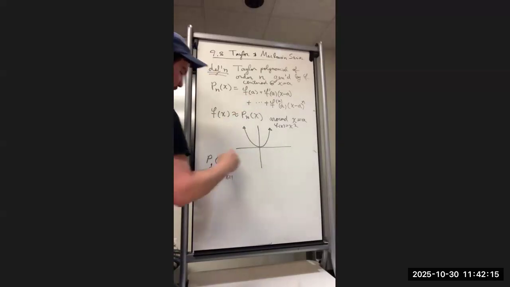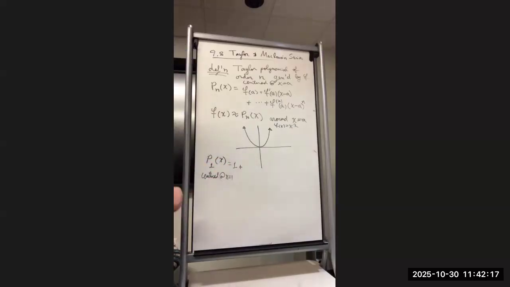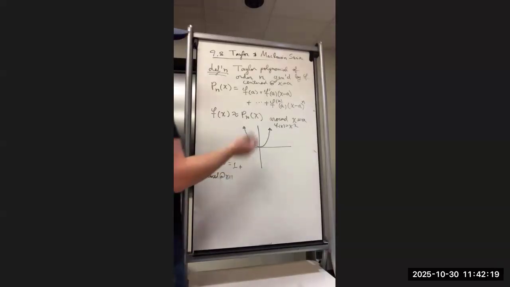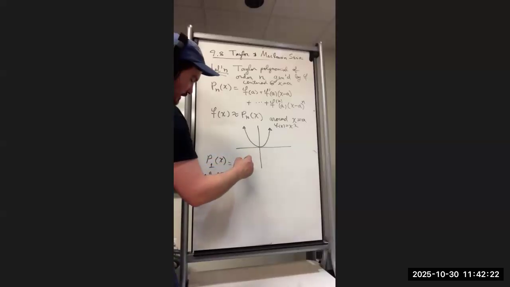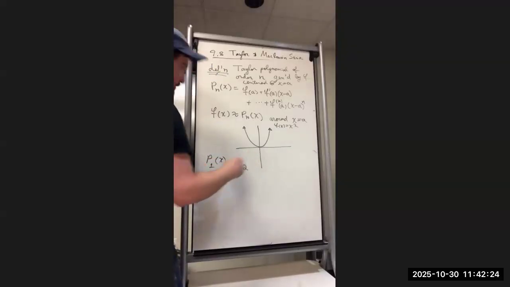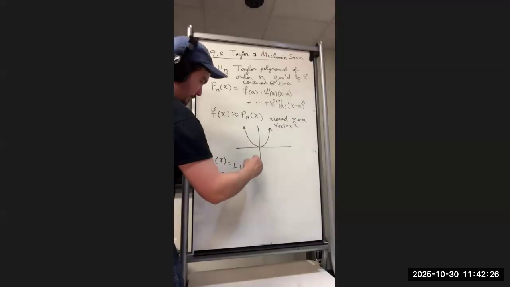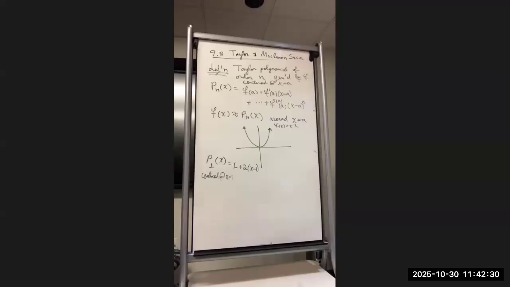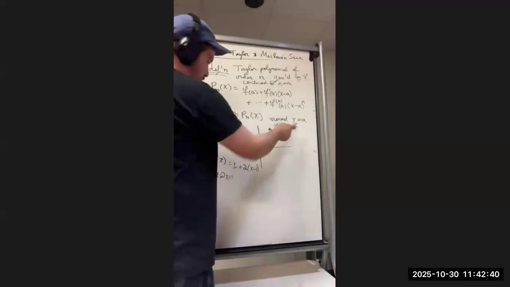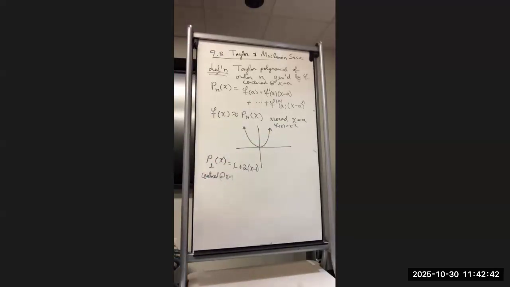That will give us 1. And then we'll take the first derivative, which is 2x, evaluated at 1, which is just 2 times x minus 1, and that's it. So that's the first order Taylor polynomial for f equals x squared centered at 1.